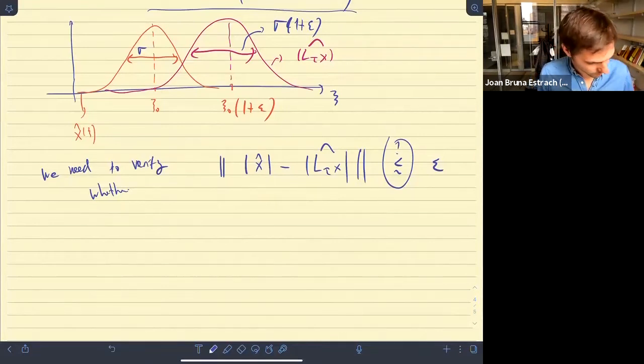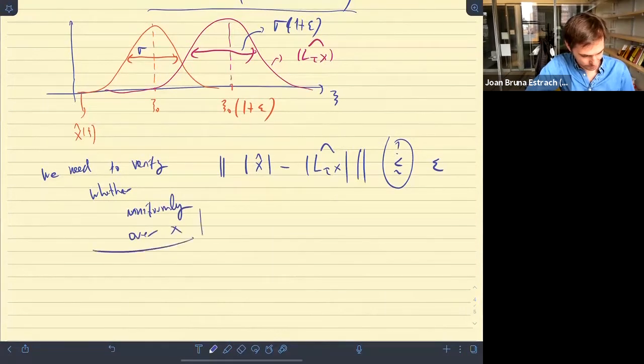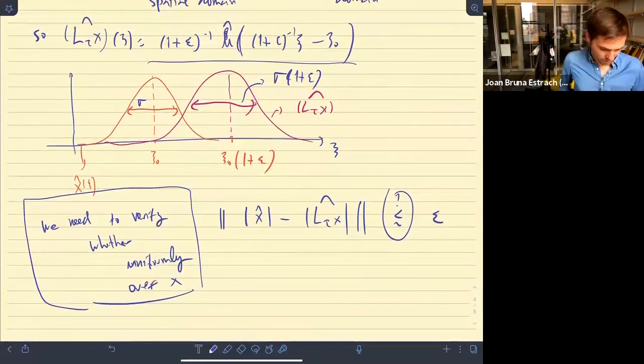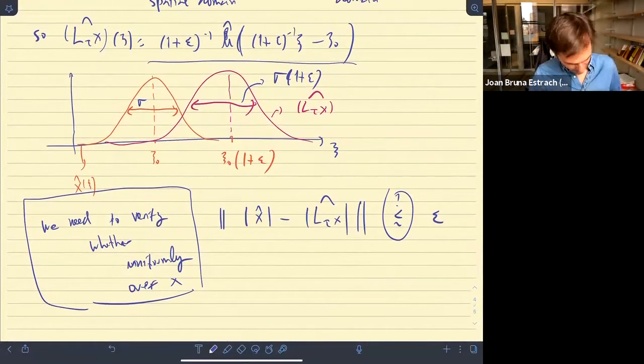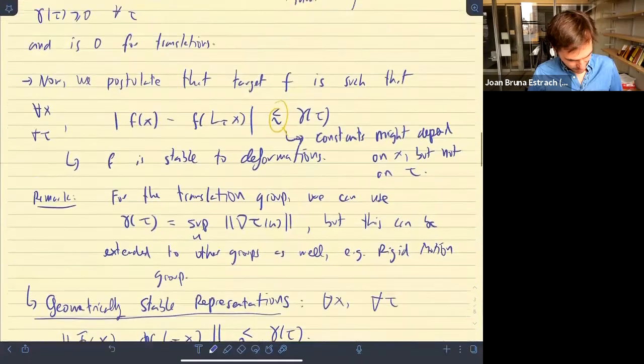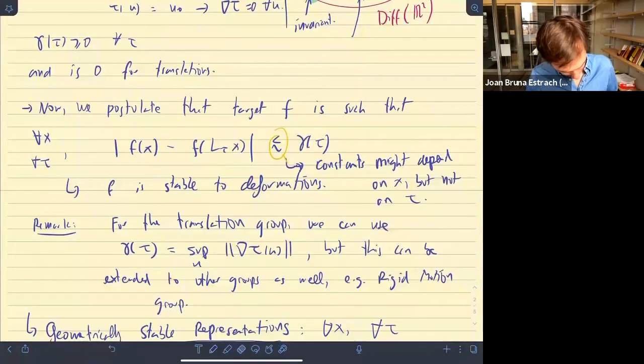Actually, there's something I realized that I said wrong before, but we need to verify whether this property is true independently, or uniformly, over X. Okay. So now I realized that before I was being a little bit too brutal when I said that this constant might depend on X. No, that's actually not something I want to say. The constant might depend on the log of X. Okay, sorry about this confusion.